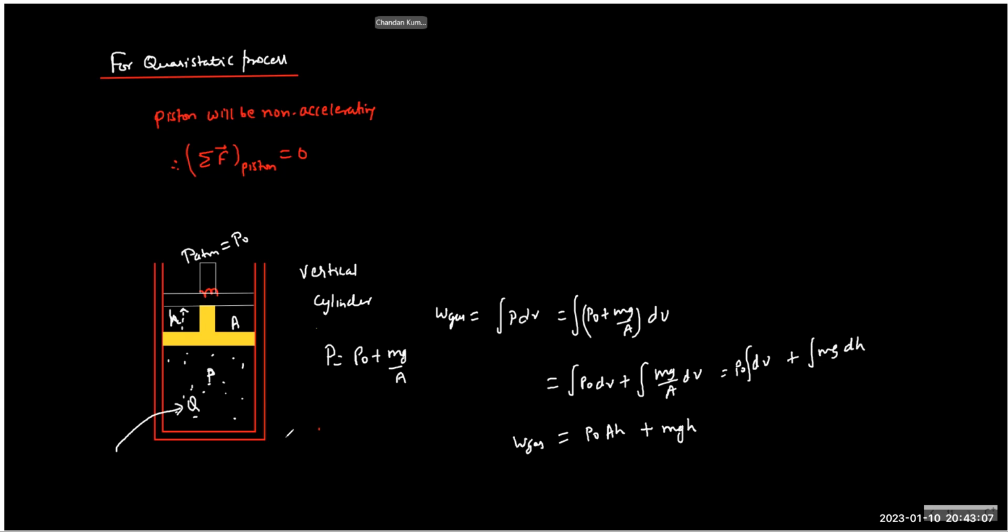So how much energy did the gas receive here? Q. Out of this energy, how much did you give to the best friend, your neighbor, the piston? You gave P naught Ah plus mgh. So how much energy is left? Q minus P naught Ah minus mgh.